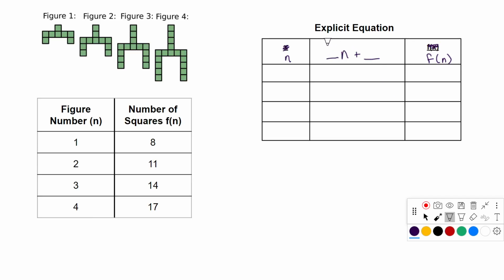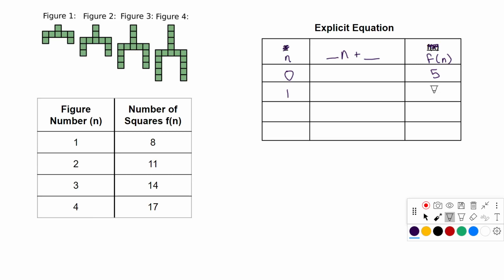So that coefficient, that number in front of n, is our common difference, and what we end up adding to it is our y-intercept, which is why I was including the 0 on the previous slide, because in order to have a y-intercept, the x value, or the input value, needs to equal 0.